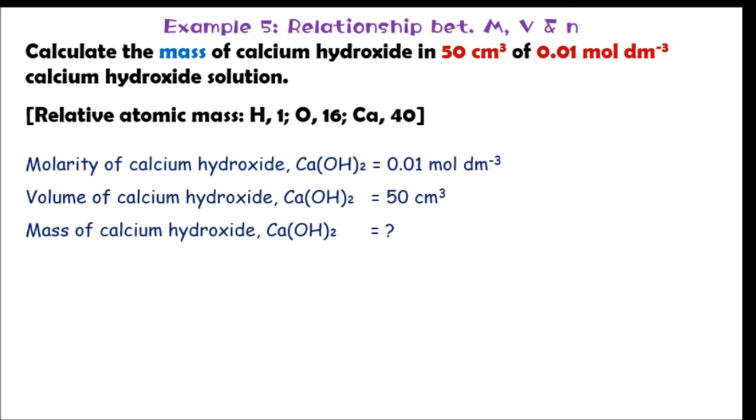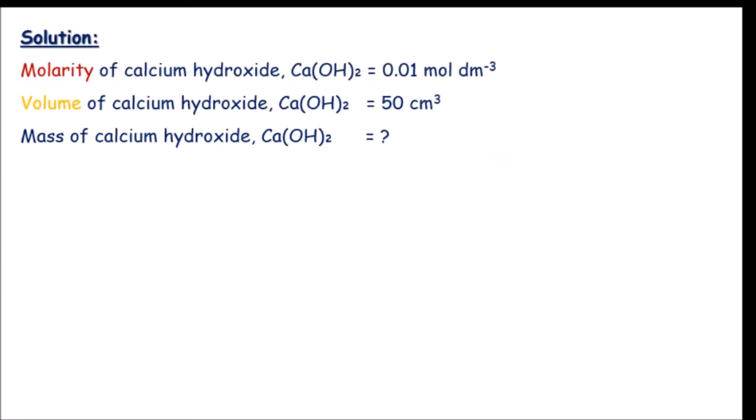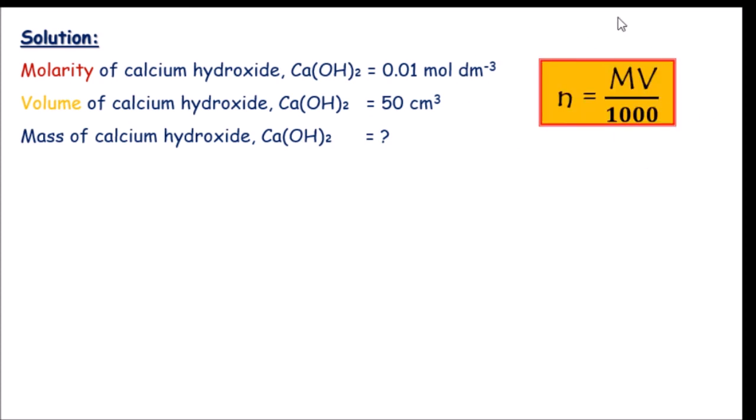So now, given the molarity is 0.01 and volume is 50, what do you need to find first? Can you tell me? Okay, you see the volume is in cm cube and you are given the molarity.